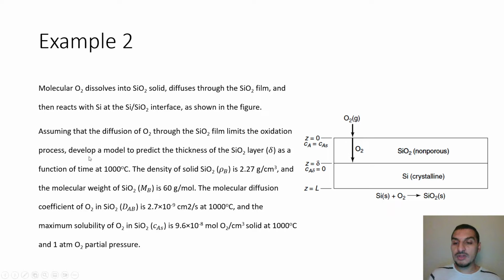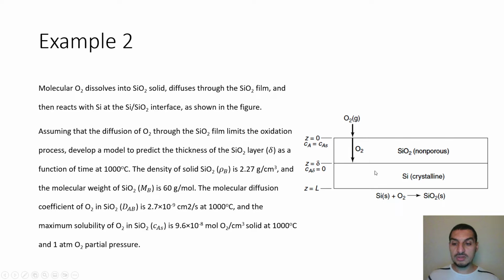And we need to develop a model to predict the thickness of the silicon oxide layer as a function of time at this temperature. So I want to know how delta changes with time, or get delta as a function of time. And we know information about the silicon oxide thickness, density, which is the density of this layer, and we know the molecular weight of silicon oxide.